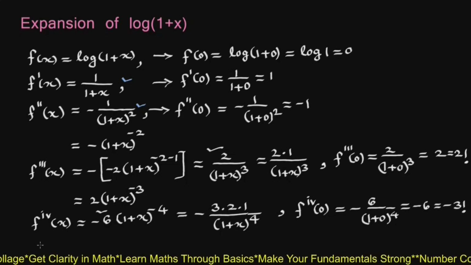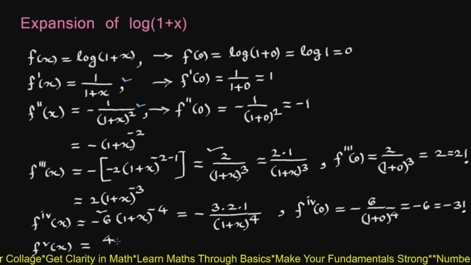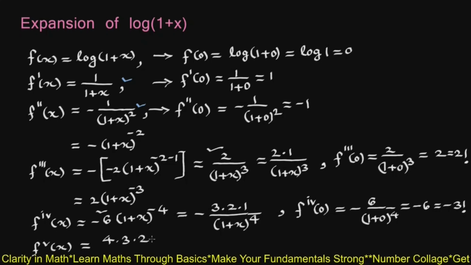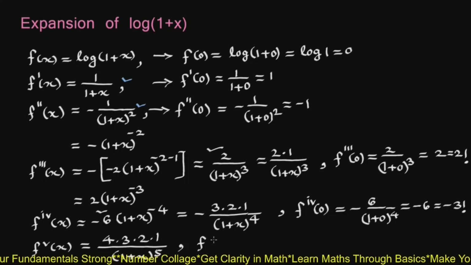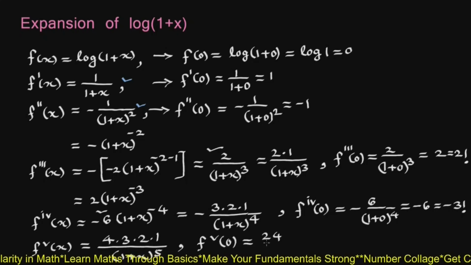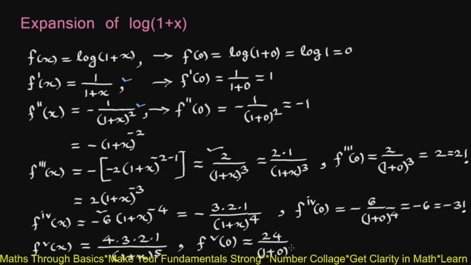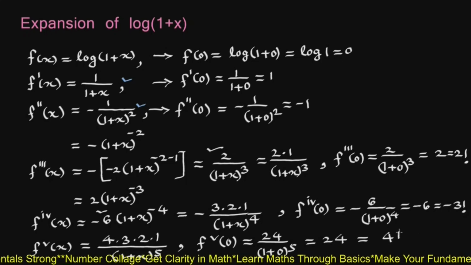On the same lines, f⁽⁵⁾(x) will be 4 into 3 into 2 into 1 upon (1 + x)⁵. Therefore f⁽⁵⁾(0) will be 24/(1 + 0)⁵, that is 24, or 4 factorial.